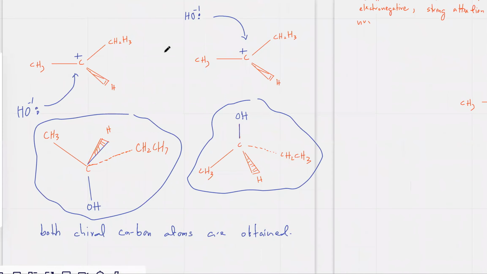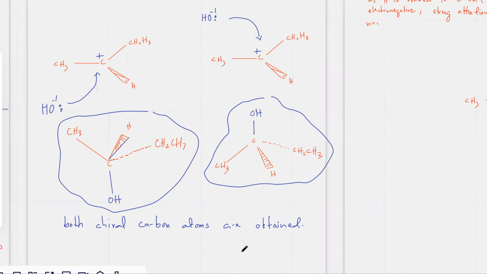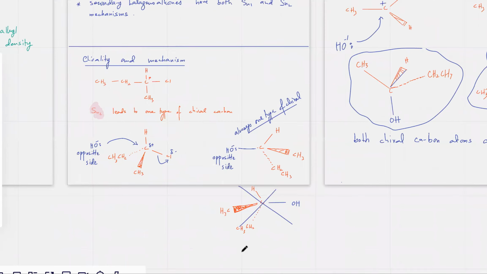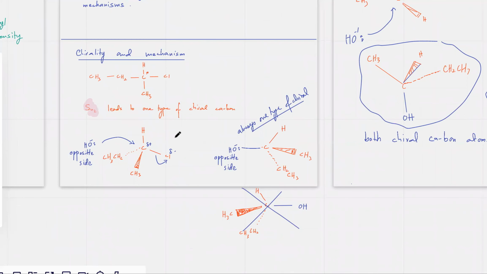So the OH has got 2 options. Just like a fan, it could come in and bond from the bottom, and all the other bonds can get pushed upwards. Or it could attack from the top, and all the other bonds get pushed downwards. So both are equally likely. So both chiral carbon atoms are obtained. So in the SN2 mechanism, the OH is always attacking from the left, and the Cl is leaving from the right side.